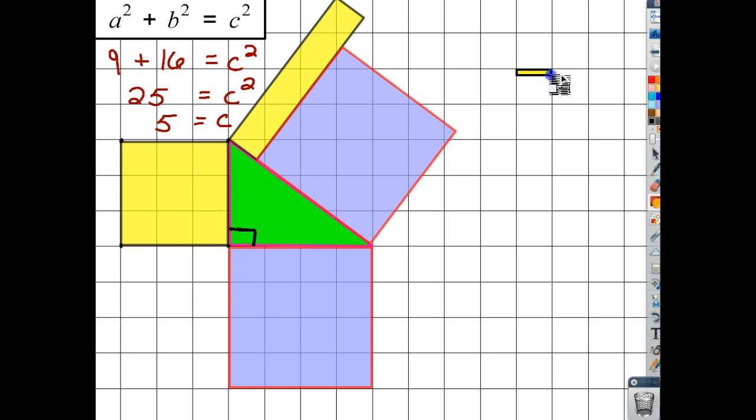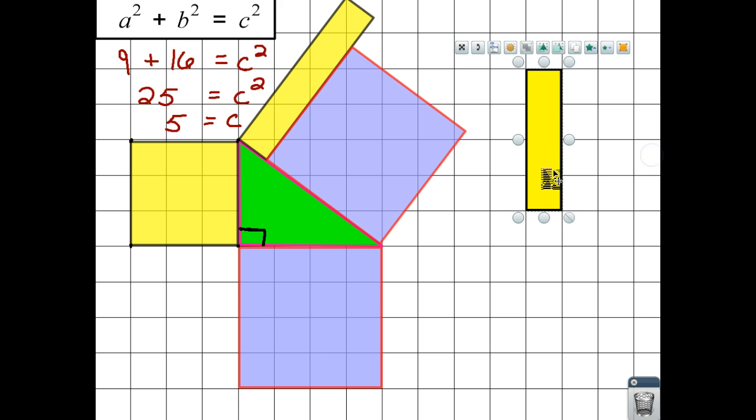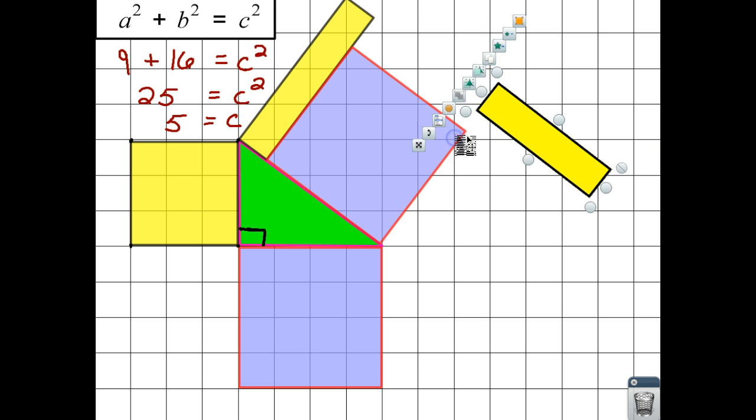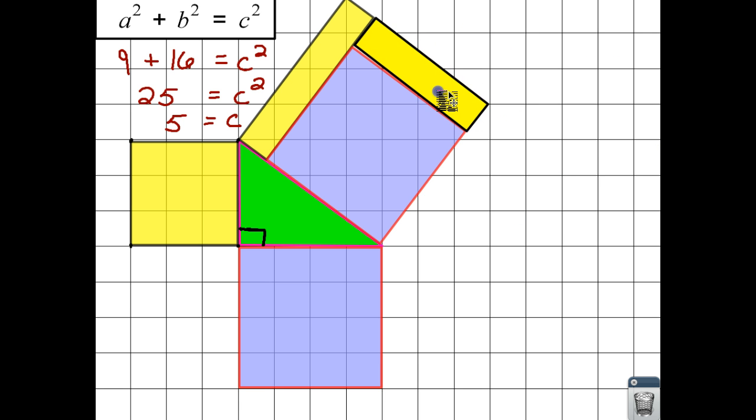So we took 4 away, right? We have a 5-unit yellow rectangle. Now we took 4 away from the 9, so we're going to have to add those 4 back. So 1, 2, 3, 4. And then try to line it up here as best as we can.